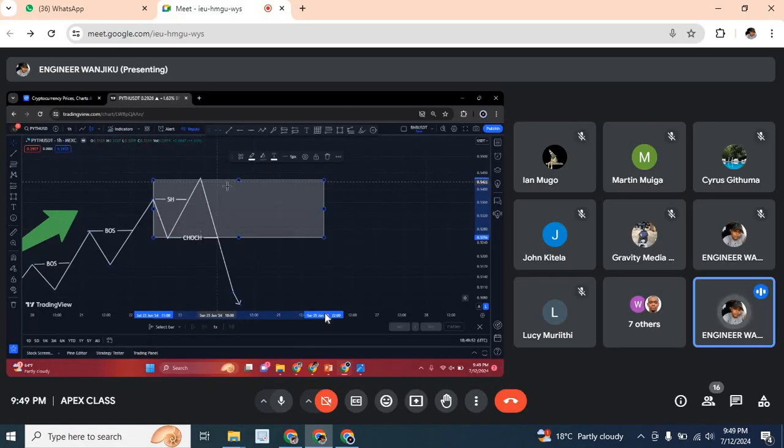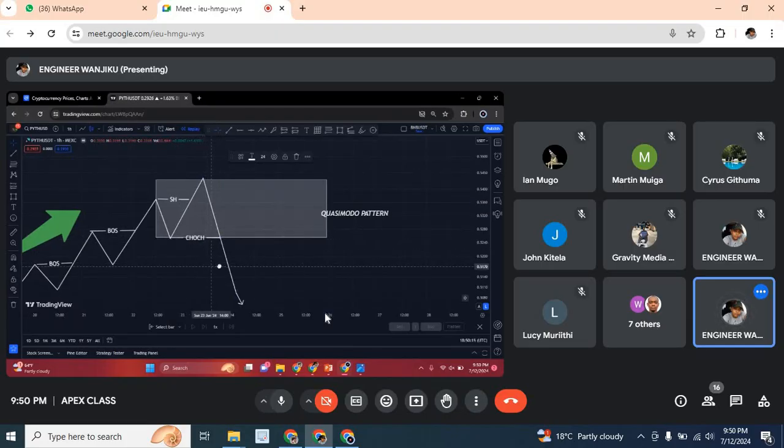So this is now what we call the Quasimodo pattern. Let me name it, Quasimodo pattern. Now that is the Quasimodo pattern because it is a combination of a stop hunt zone and a change of character zone.